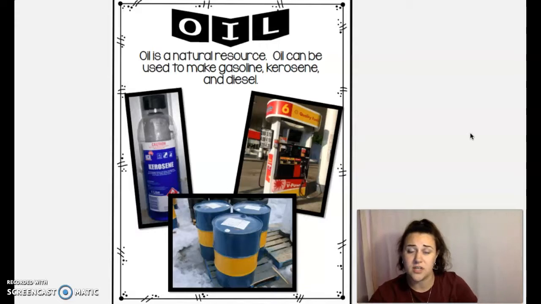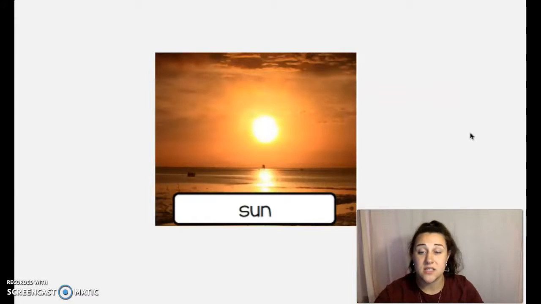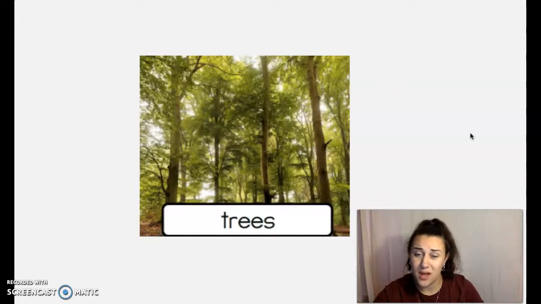They're very, very important to us, but some are renewable and some are non-renewable. And we talked about how renewable resources are resources that only take a few years to replace. As we use them, they're typically able to be replaced in that amount of time. And that was like sun, wind, water, rain, oceans, lakes, puddles, trees, and all kinds of plants, and even animals, right?